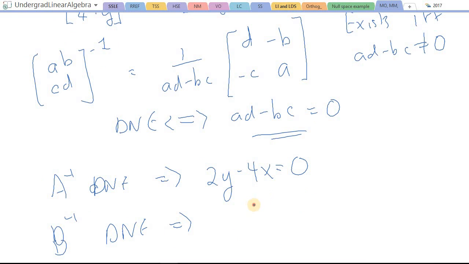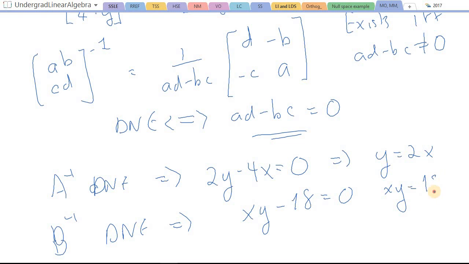Now, this is not a system of linear equations because the x multiplies by the y here. But let's not get hung up with linear equations. You can still solve these equations very easily. You can rewrite this as y equals 2x. And then this one just says xy equals 18. So you can easily just substitute y equals 2x.